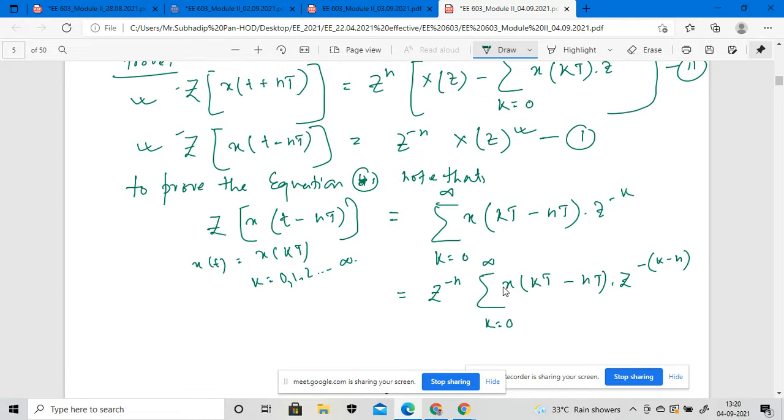Keep in mind, when we implement the delay operator, that part would be minus of k minus n, as the values of k vary like n minus 1, n minus 2, like this. So after doing the Z transformation of this unit step function, it will come like this.